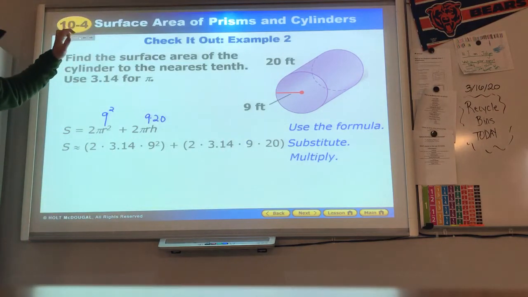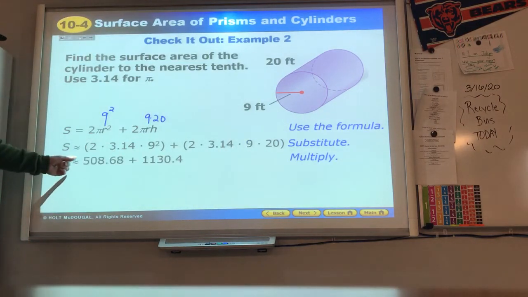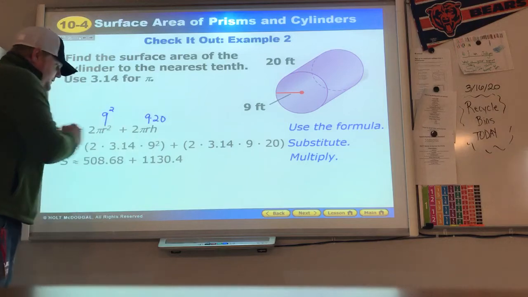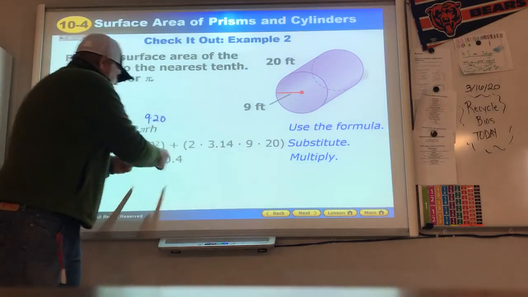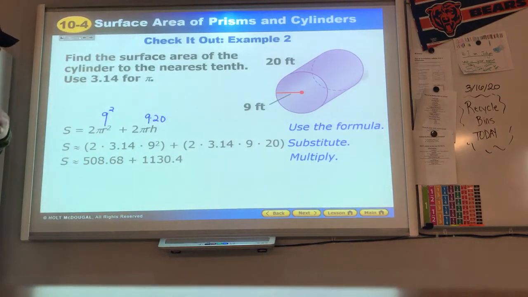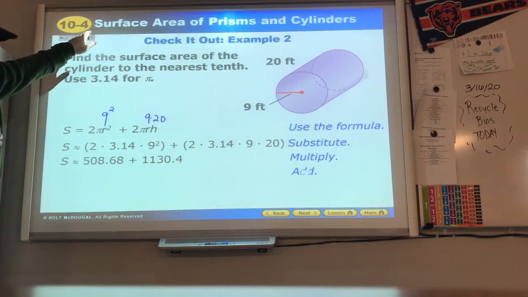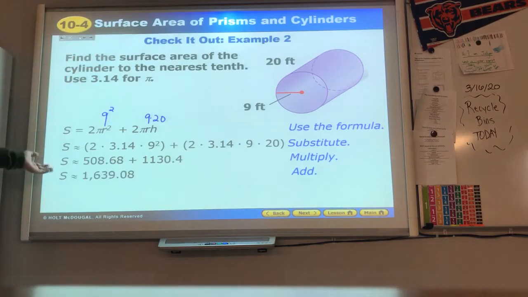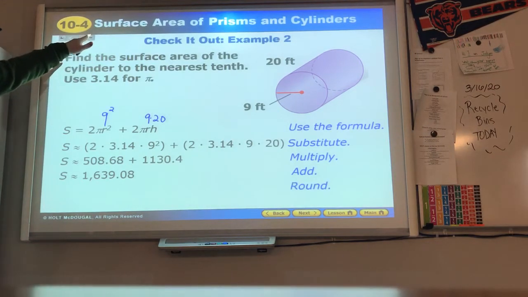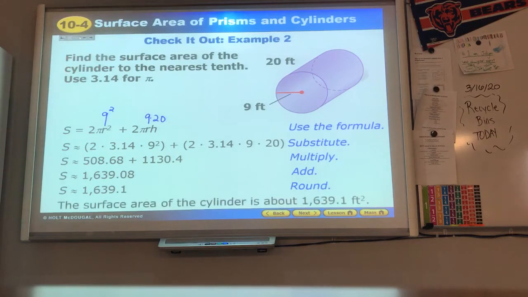When doing that, we get 508 for this first section. And for that second section, we get 1,130.4. We add those together, and then we get 1,639.08. All right, and the surface area of the cylinder is about that, feet squared.